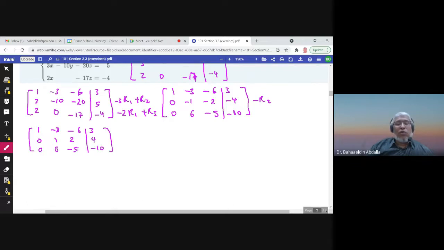I use this one to make 6, 0 and negative 3, 0.